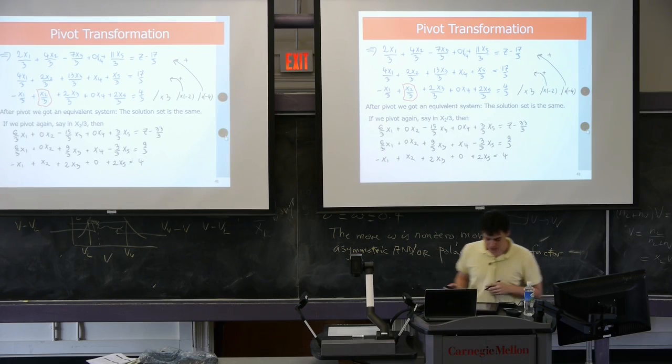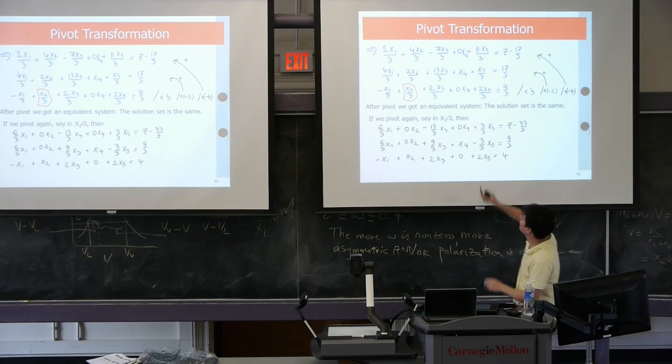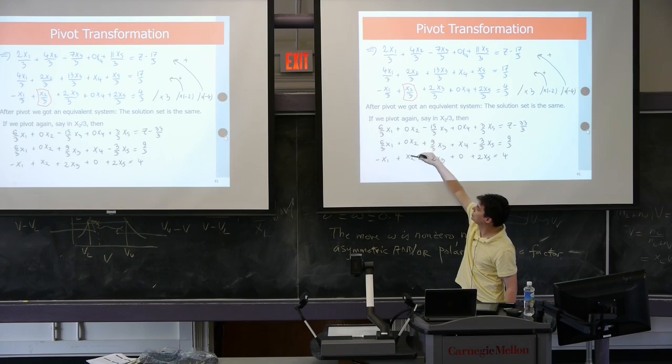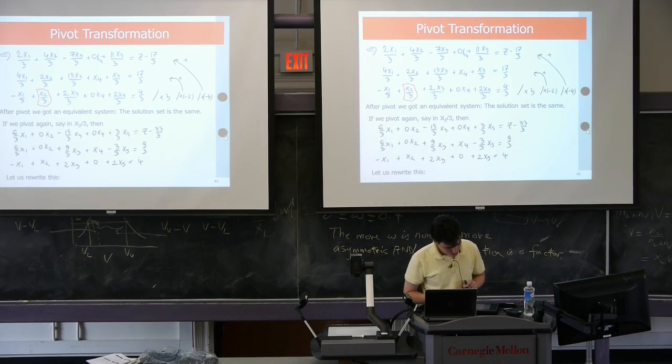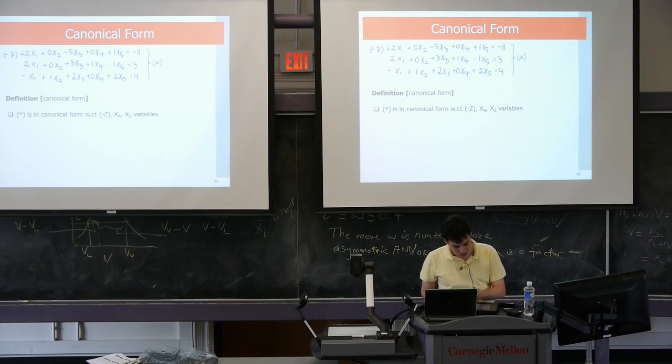Okay, and if you do the calculations, then you would get something like this. Okay, so now what you can observe is that we have 0, 1, 0 for the coefficients of x4 and 0, 0, 1 for the coefficients of x2. And this is what we call canonical form. So we say that this new equation system, star, is in canonical form with respect to variables minus z, x4, and x2.